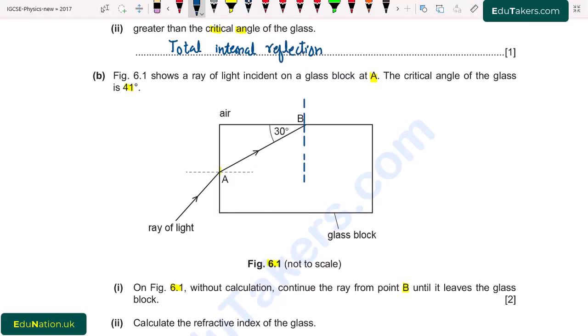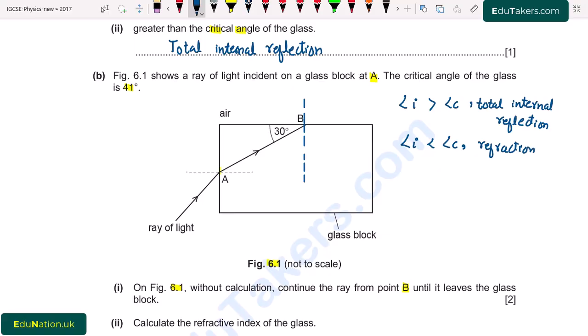Now, if the angle of incident is greater than the critical angle, then there will be total internal reflection. And second condition is that if the angle of incidence is smaller as compared to critical angle, then there will be refraction.